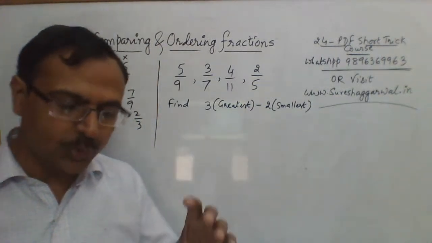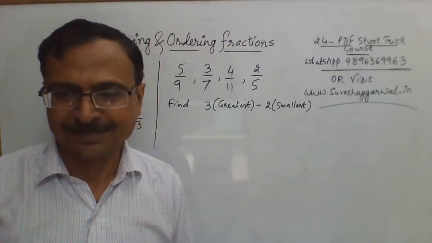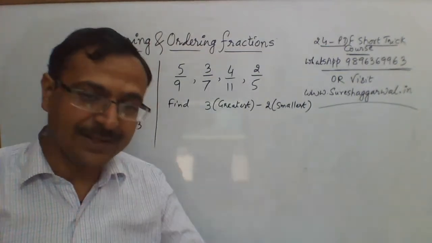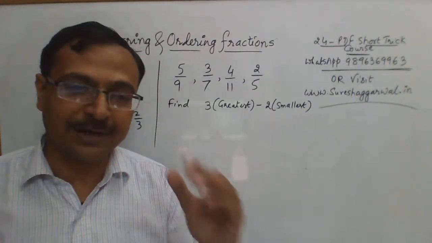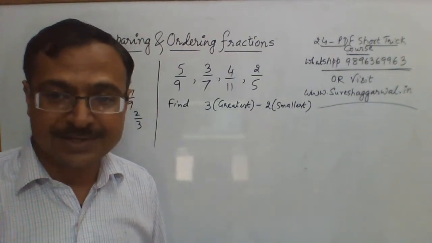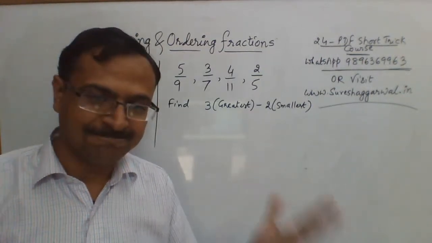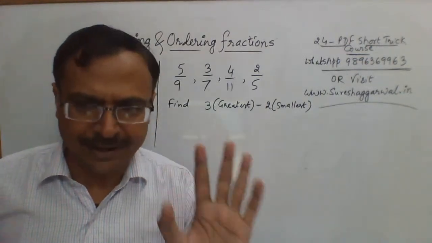It's a huge task for many people. Why? Because they will be busy taking the LCM, equalizing the denominator, and then trying to find the greatest, smallest, then finding the calculation. But if you can find the greatest and smallest easily, nothing like that. Now watch how I would have done it.